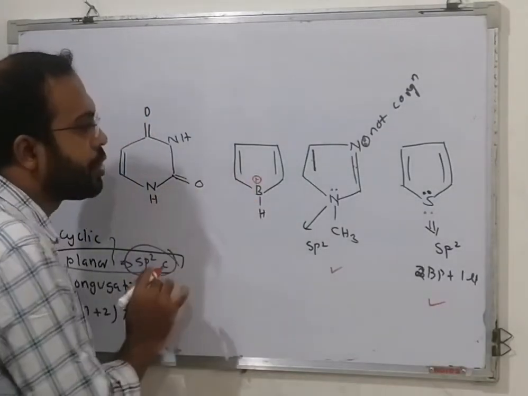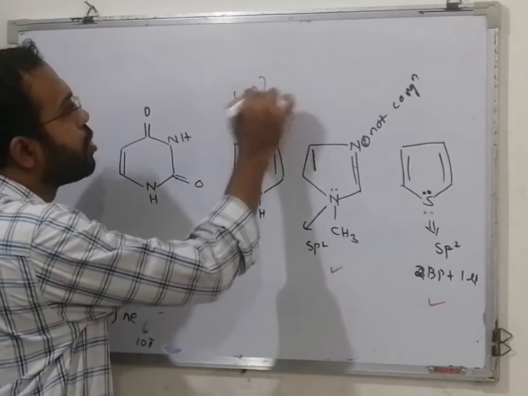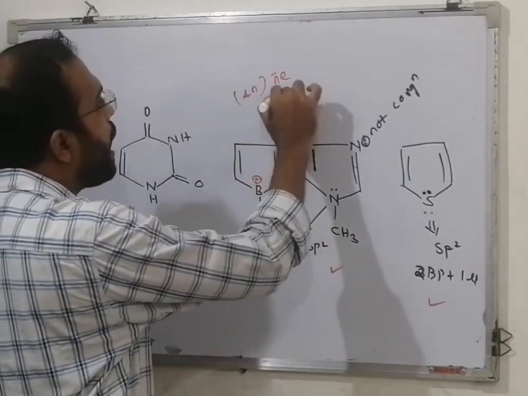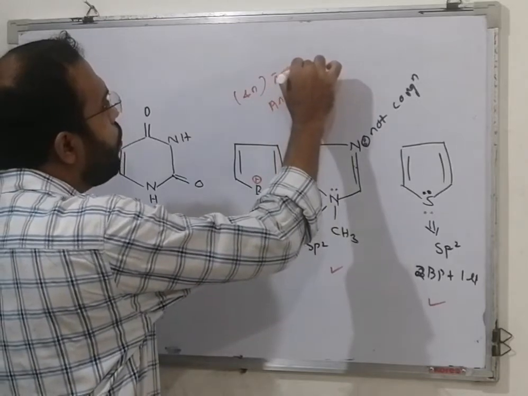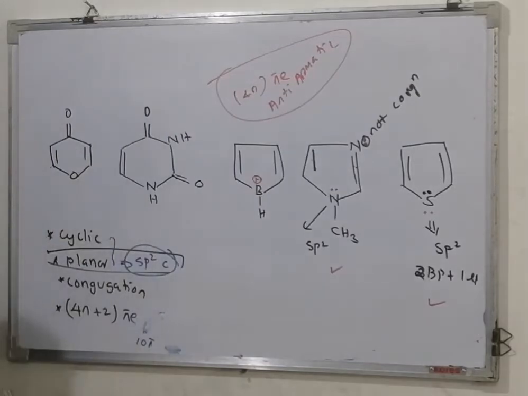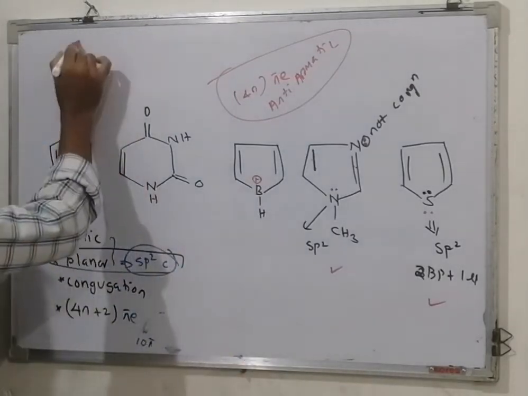And this is a conjugation. But here, 4n pi electrons. Therefore, this molecule is anti-aromatic. Very, very careful. This molecule is anti-aromatic, not aromatic. What is the condition for anti-aromatic?